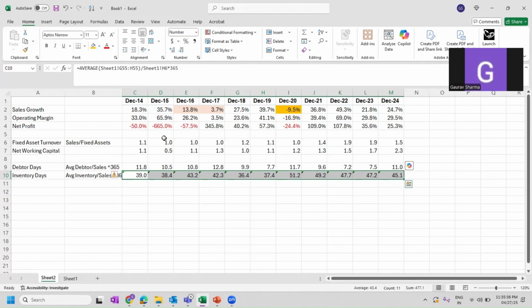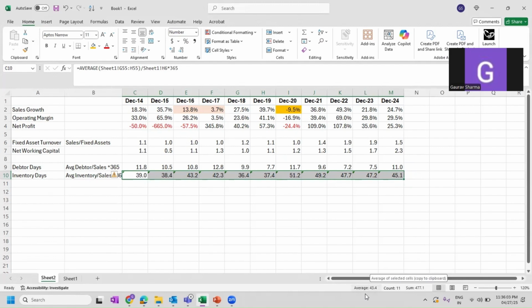This denotes that on an average, my inventory lies with me for these many days. As soon as my product is manufactured, it takes 39 days on an average, or if I take the average of 10 years, it takes 43.4 days for it to get sold in the market and ultimately get my inventories zeroed out.